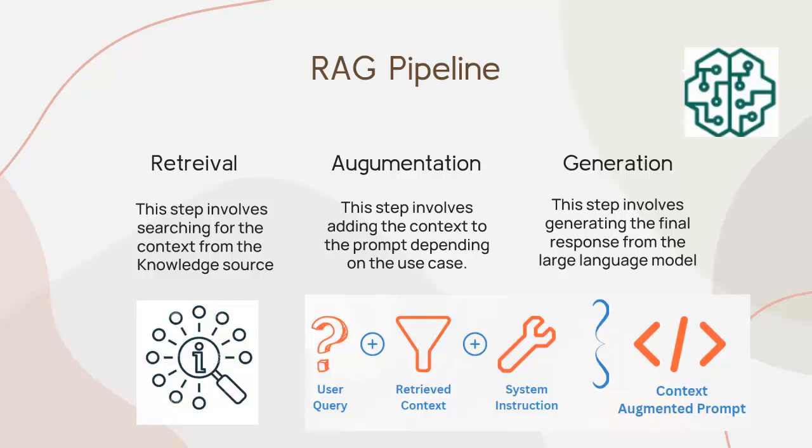Next, in the augmentation phase, after retrieving multiple chunks of information, the system may augment this information by enriching or enhancing the retrieved data to improve the relevance and quality of the final input. The last step is the generation phase. The augmented information is fed into the generative model like GPT, which would generate a response, which is passed on to the user.